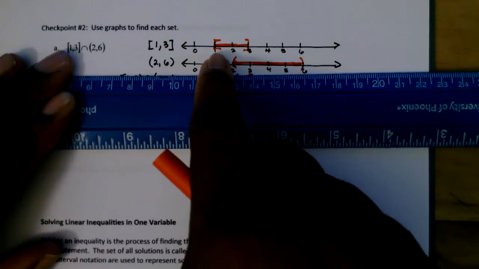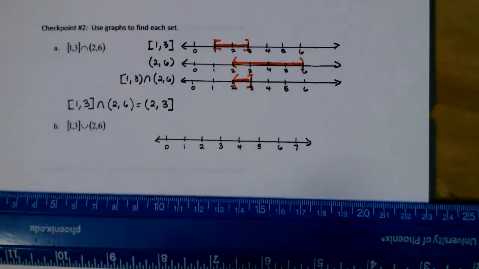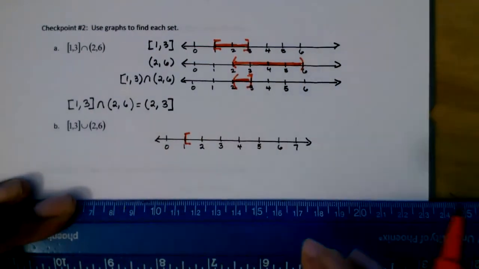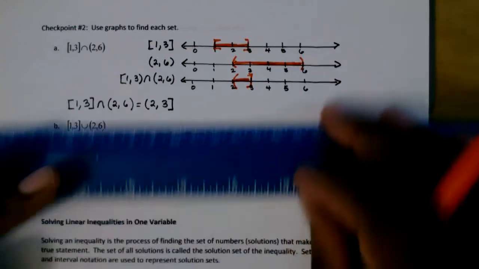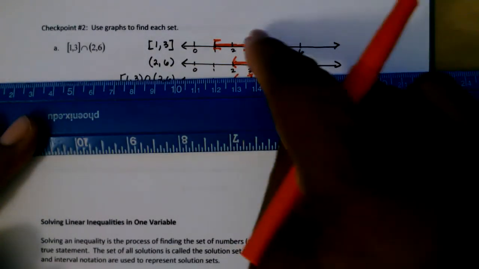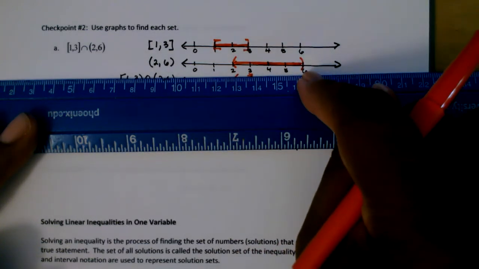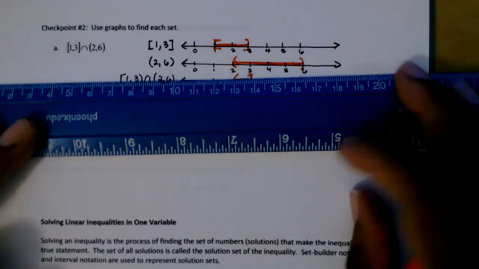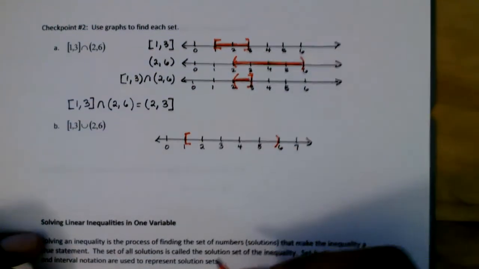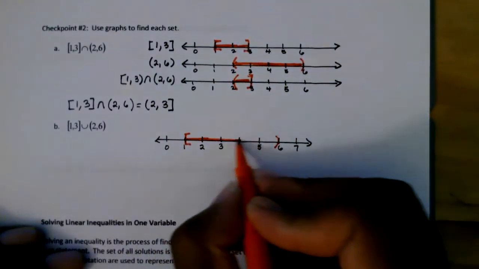And it has a left bracket at 1, so I'm going to put a bracket at 1. And then if we look here, the furthest endpoint of these two on the right would be right here at 6. And at 6, I have a right parenthesis. So I put a right parenthesis at 6 and shade in between.